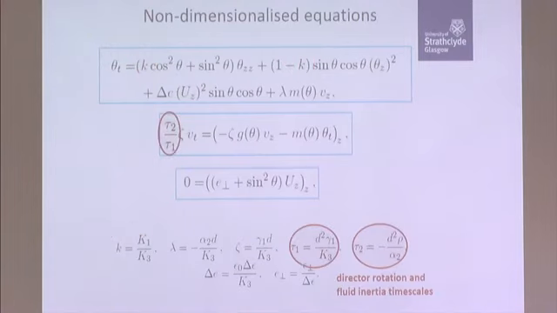I have 2 timescales now, and this is important. I've got my first timescale that I talked about before. This is director rotation, simply because there's some elasticity in there. And the second one is a fluid inertia timescale. It comes in, you can see here, as the prefactor outside the fluid inertia term, V_t. And in fact, what I'm going to do is take that as 0. The difference in timescales between these two is at least 5 orders of magnitude.